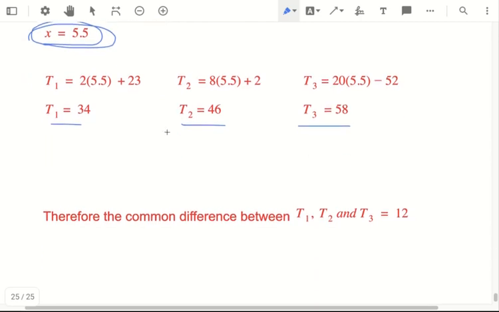Okay, so then here you realize that yes, T2 minus T1 equals to 46 minus 34 equals to 12, right? So the common difference is 12. T3 minus T2 equals to 12 as well, right? So therefore, we prove that the common difference is equals to 12.